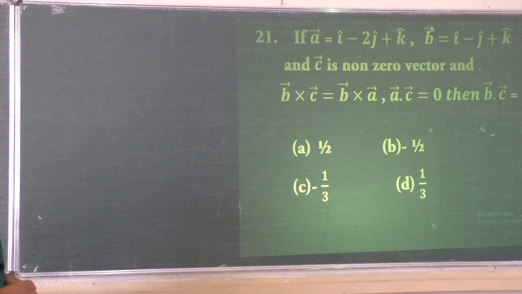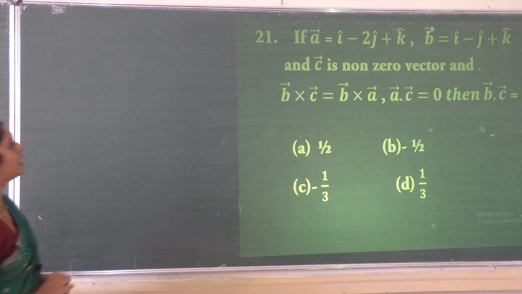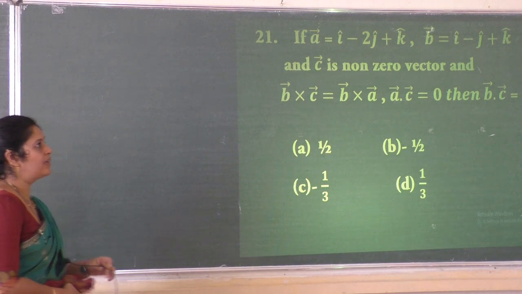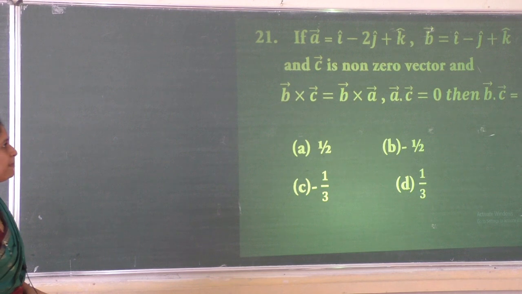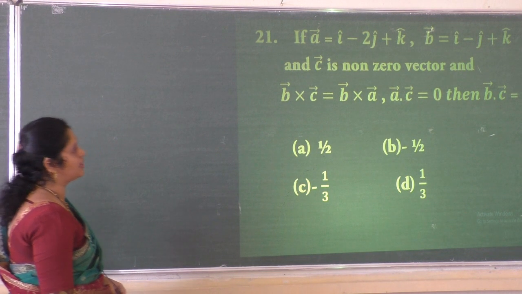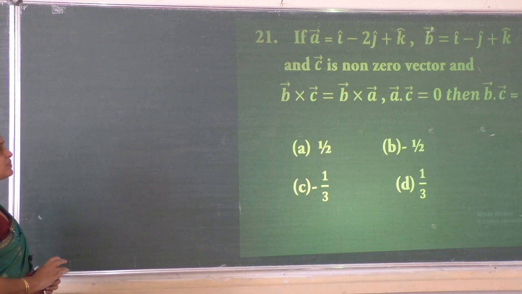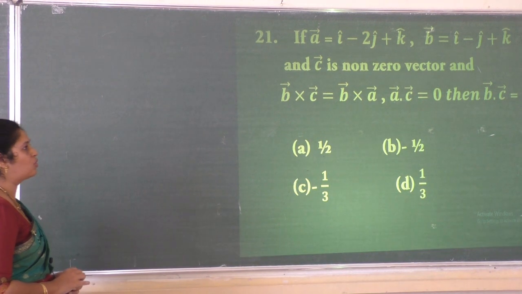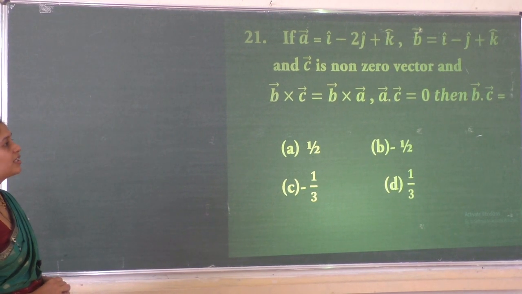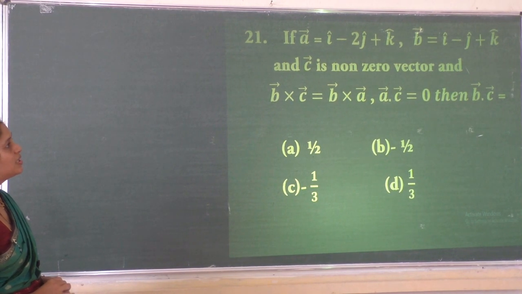Okay, question 21. Vector A is i cap minus 2 j cap plus k cap, and vector B is i cap minus j cap plus k cap, and vector C is a non-zero vector, and vector B cross vector C is the same as vector B cross vector A. Vector A dot vector C is 0. Then what is vector B dot vector C?